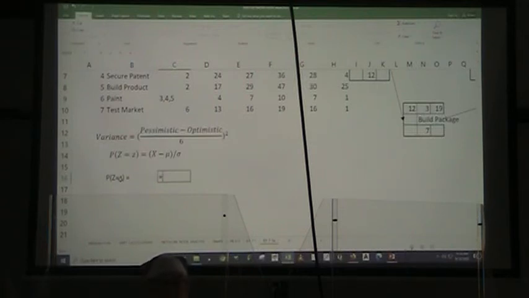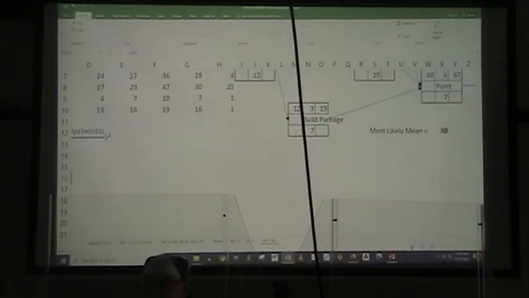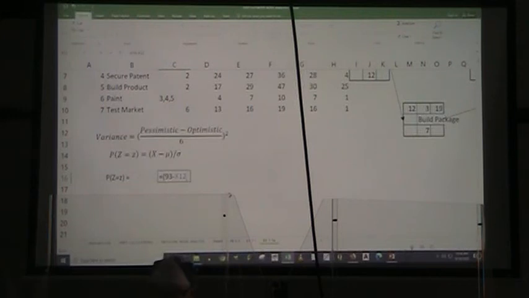So that means that X equals 93. I hard-coded in 93. Our mean for most likely is equal to 83, so I click on that, and I close parenthesis and divide by.